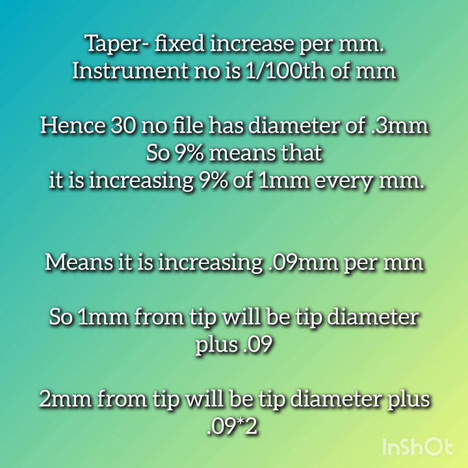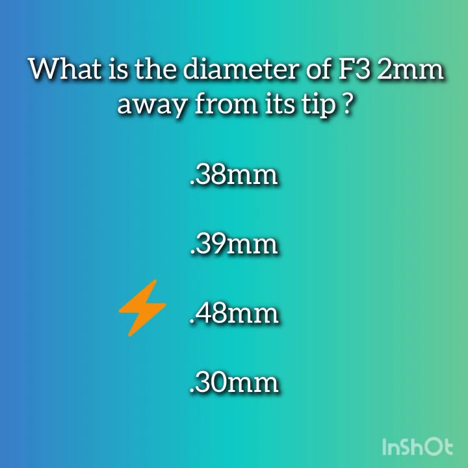Every millimeter the size is increasing, so 2 mm away the size will be 2 into 9% more than the tip, right? 2 into 0.09, so it will be 0.18 mm more than the tip. That simply means that 2 mm away the size will be the tip diameter 0.3 mm plus this extra 0.18 mm. Hence our answer becomes 0.48 mm.